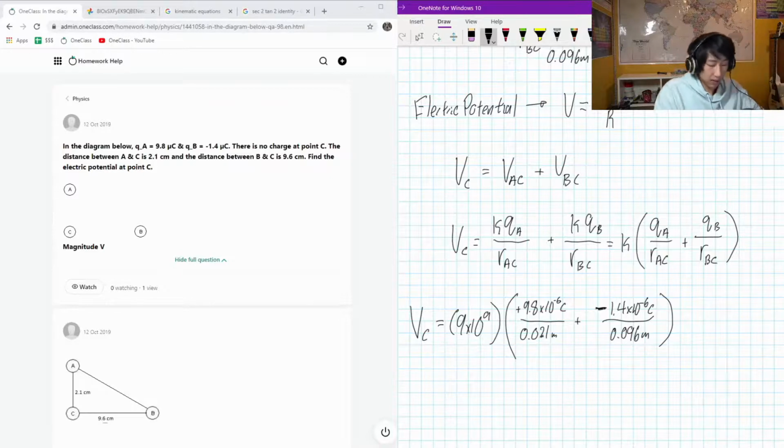Cool, so let's send this to our calculator and figure out what this is going to be. 9 times 10 to the power 9 times 9.8. Oh, this all got to be in brackets.